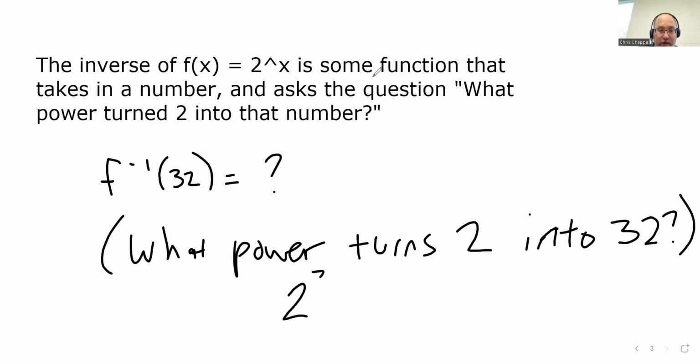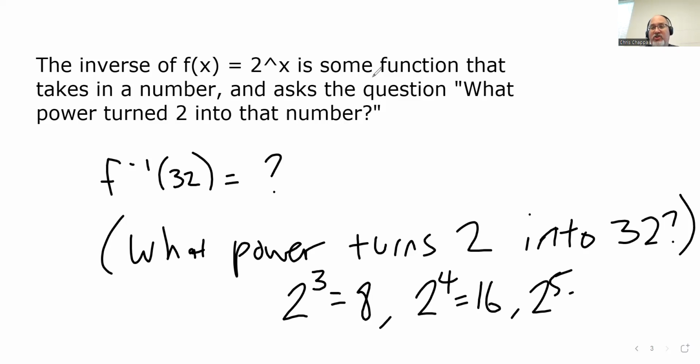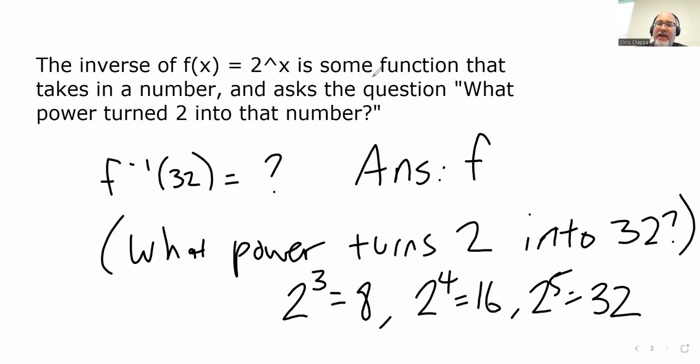Well, 2 to the third power is 2 times 2 times 2 is 8. 2 to the fourth power is 2 times 2 times 2 times 2, which is 16. 2 to the fifth power is 2 times 2, which is 4, times 2, which is 8, times 2, which is 16, times the fifth and final 2 gives me 32. So if my function was f of x equals 2 to the x power, then f inverse of 32 has to be 5, because 5 is the power that turns 2 into 32.